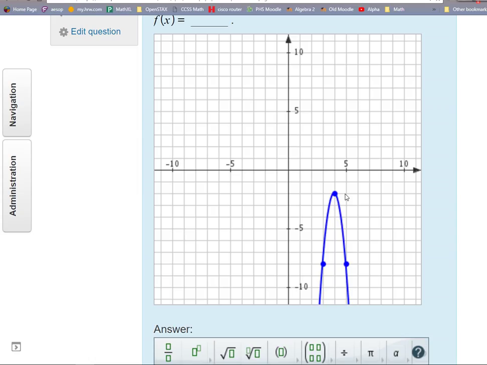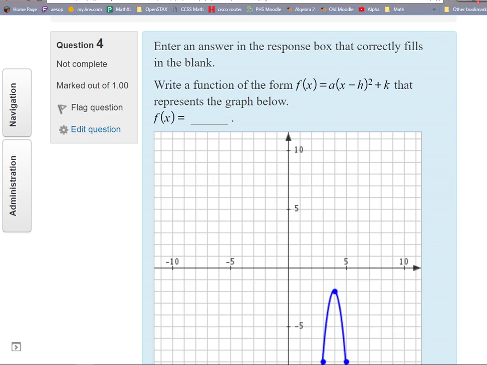Because instead of going over 1 and up 1, we're going to multiply +1 by -6 to get -6, right? So A is -6, what's H? H is going to be 4. We're going to subtract H though, right? H is 4 and K is -2, right? So then what does that mean?